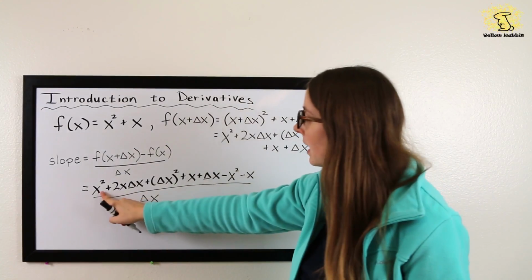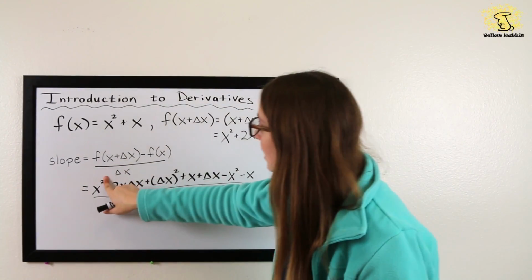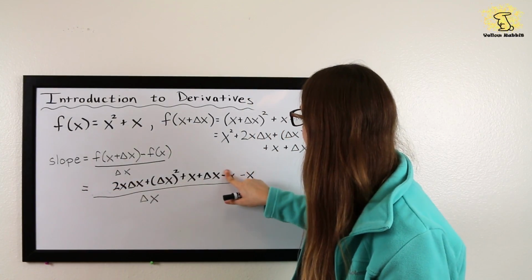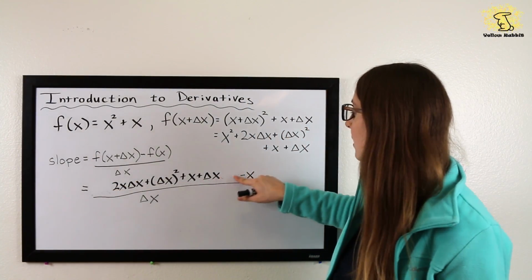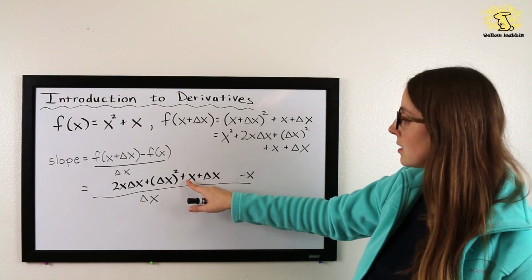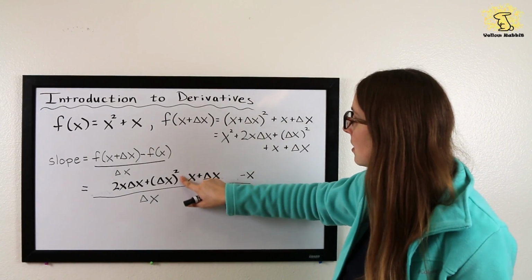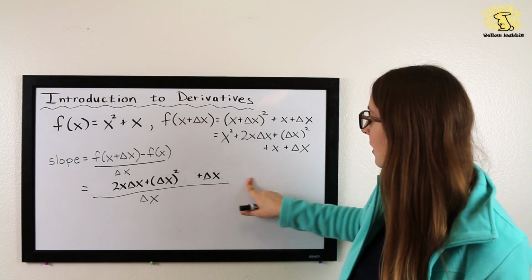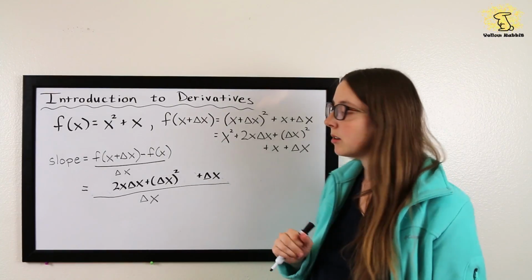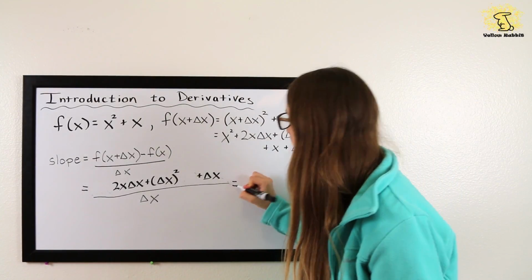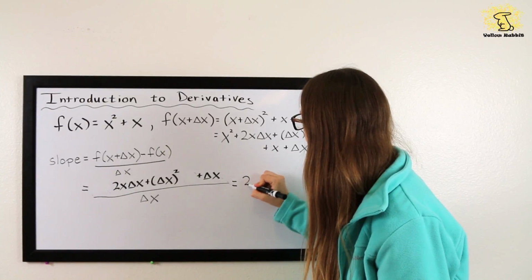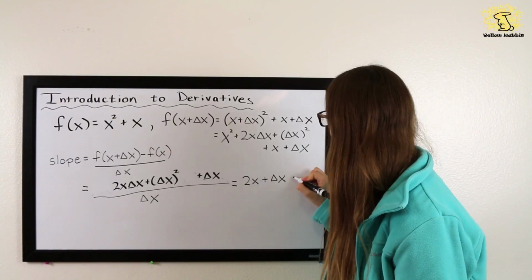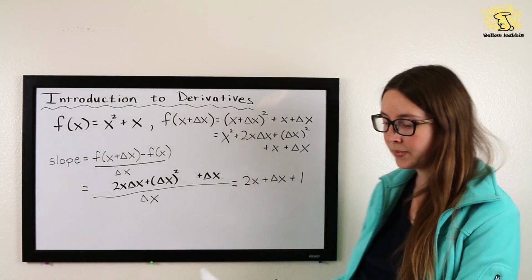First of all, we can cancel out this x squared minus x squared. So those terms are gone. Next, we can cancel out this plus x and minus x. Those terms are gone. And now we can divide everything through by delta x. This gives us a result of 2x plus delta x plus 1.